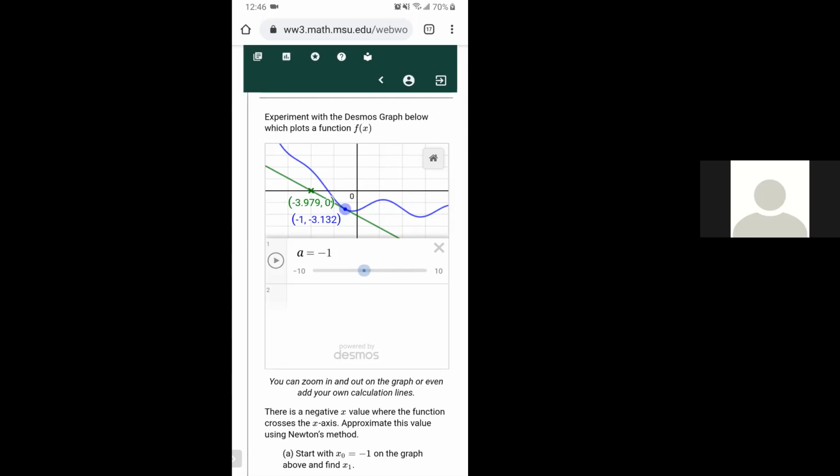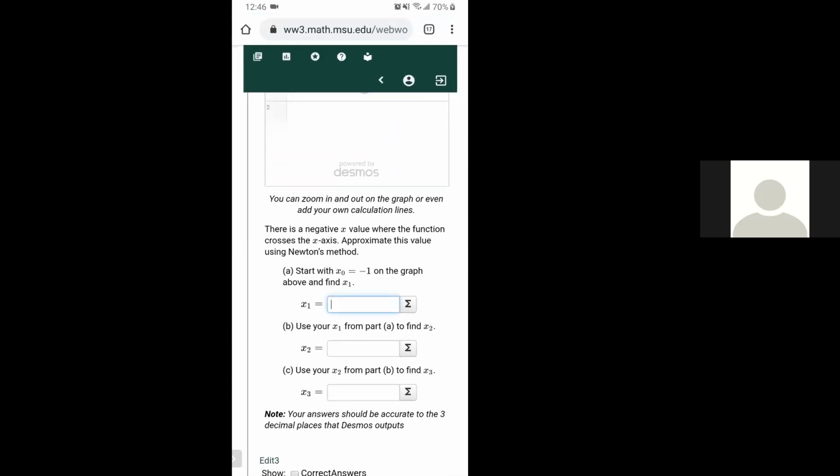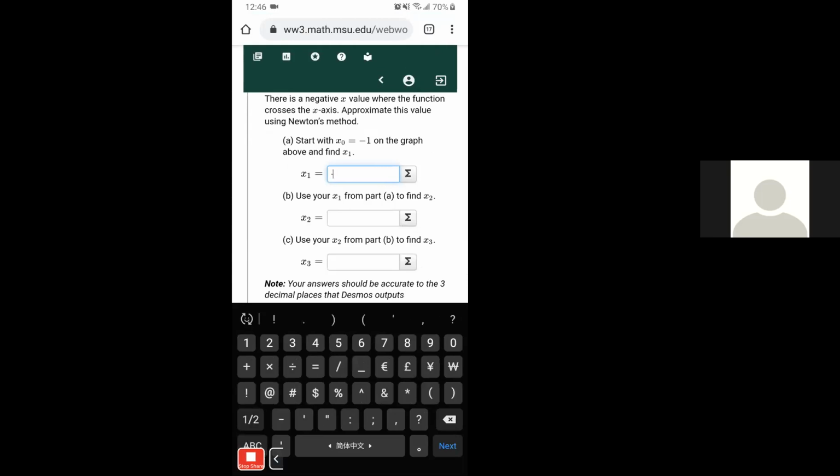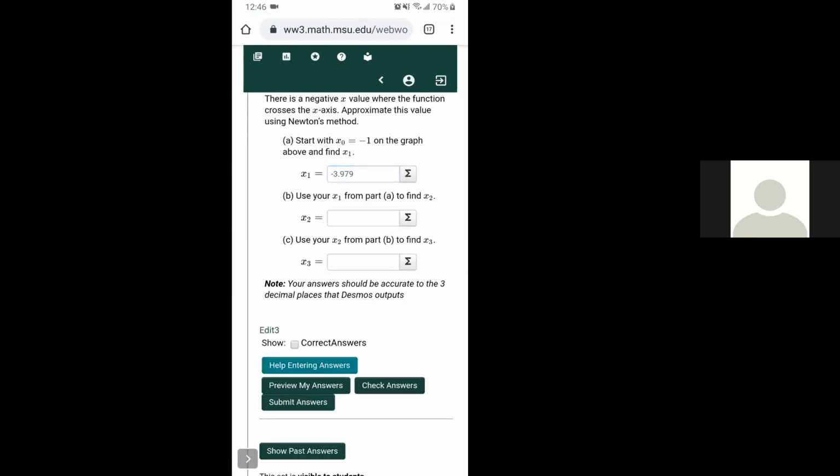The x coordinate for the next point would be -3.979. So that will be your answer for x1. Does it make sense? Yeah, so that's your first one.